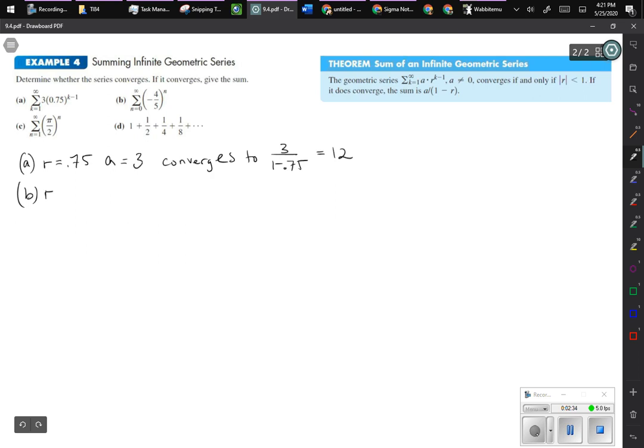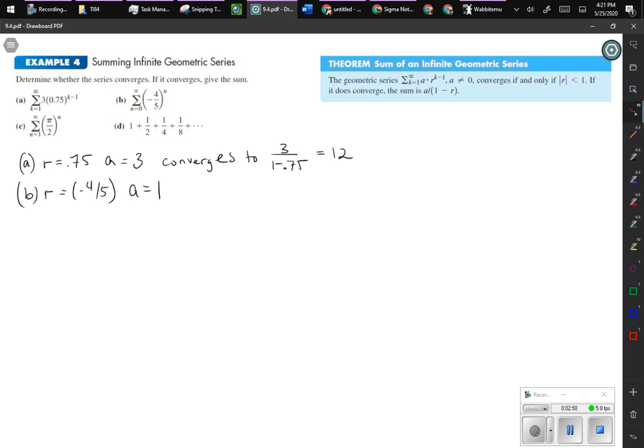So I know my r is negative 4/5, and my a would be 1, right? Again, because if I plugged in 0 here, that would just become a 1. So that's my a, my first number, or a sub 1 if you want to write that. The textbook just writes a.